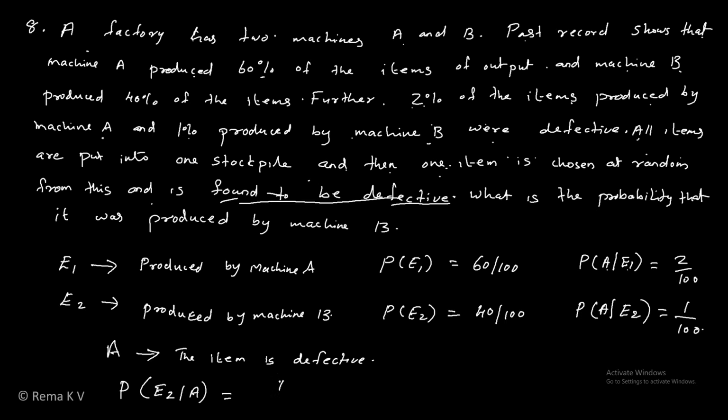This is equal to probability of E2 into probability of A given E2 divided by probability of E1 into probability of A given E1 plus probability of E2 into probability of A given E2.